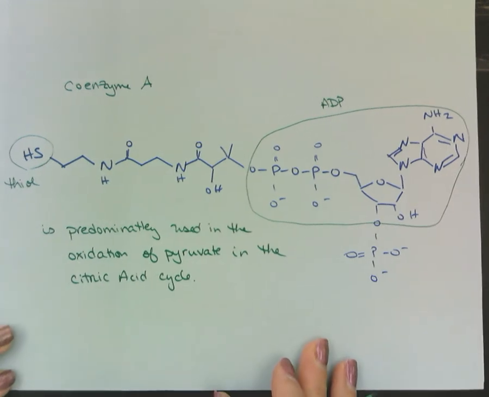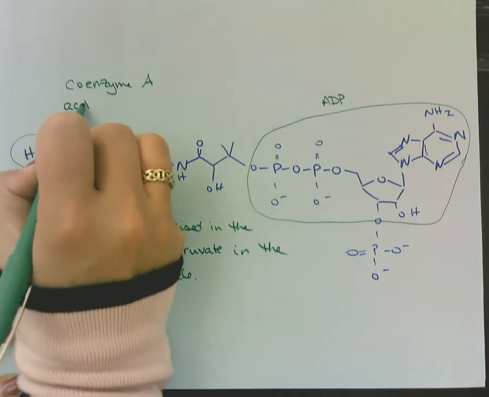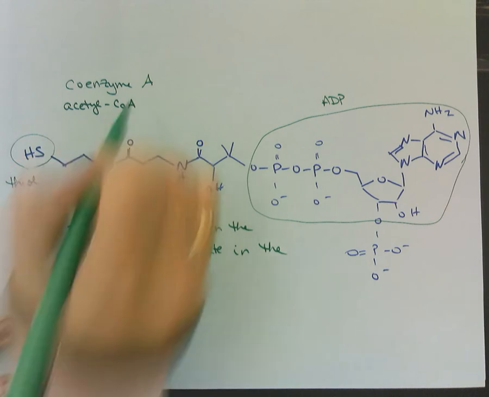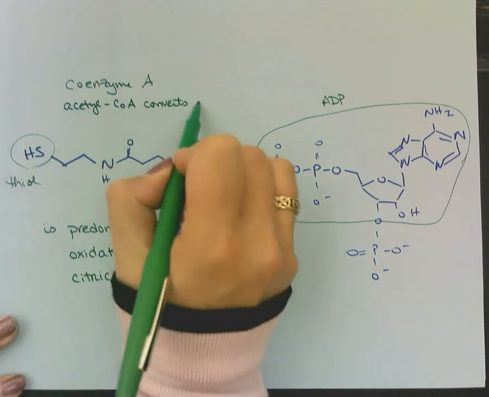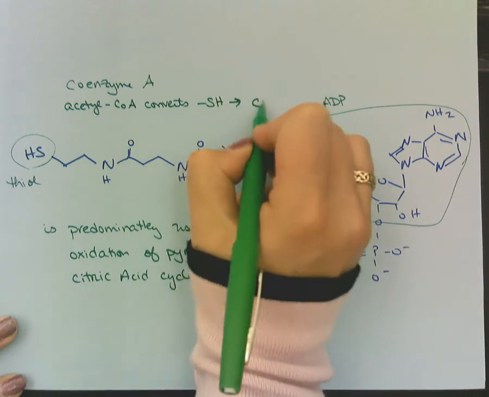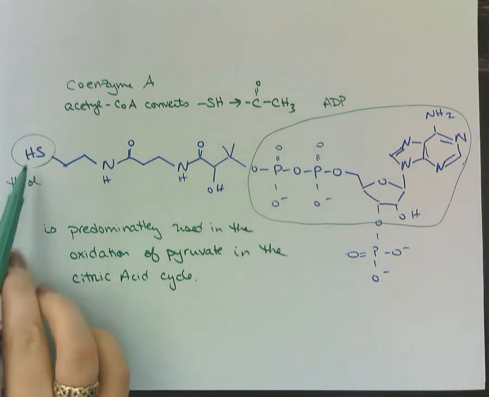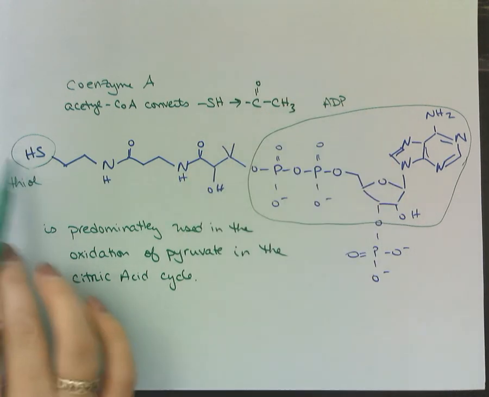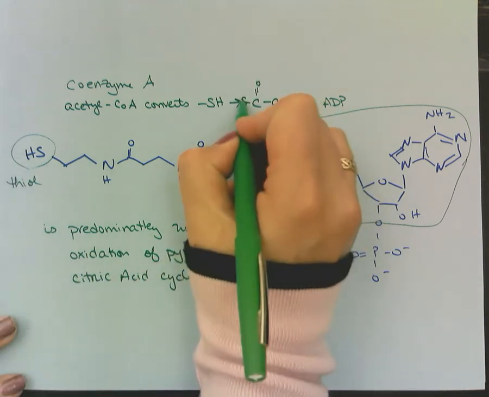The other version of CoA that we'll see is called acetyl-CoA. And acetyl-CoA converts that SH functional group to an acetyl group. So this thiol group will then, actually, it'll be more like this.